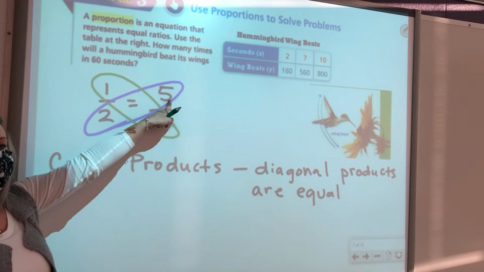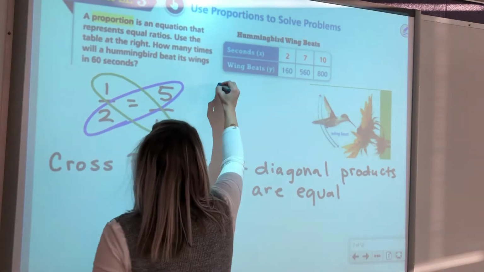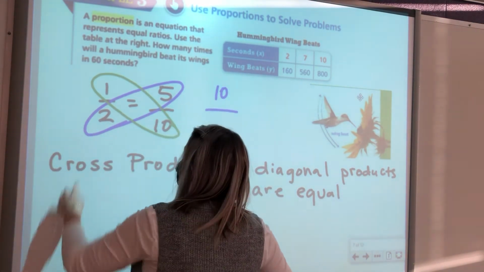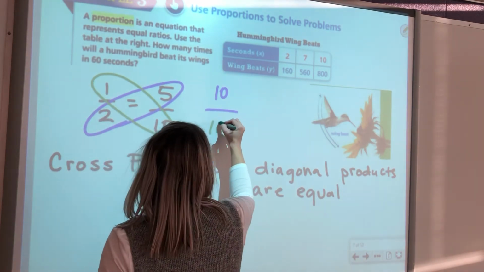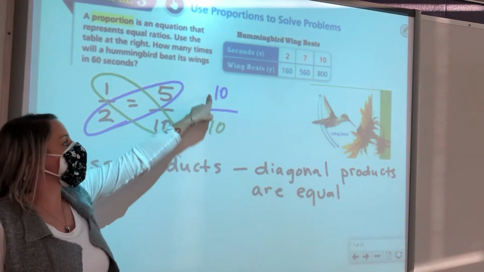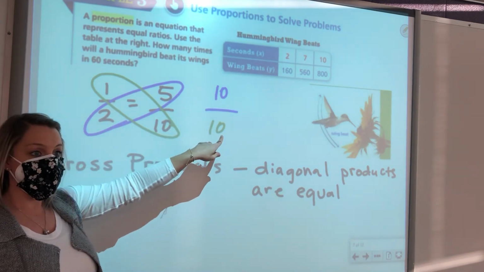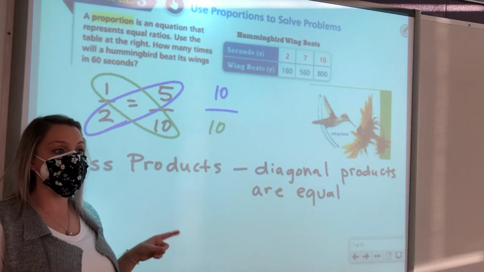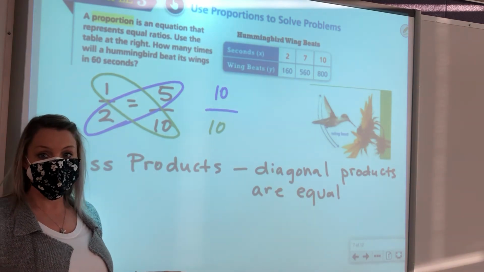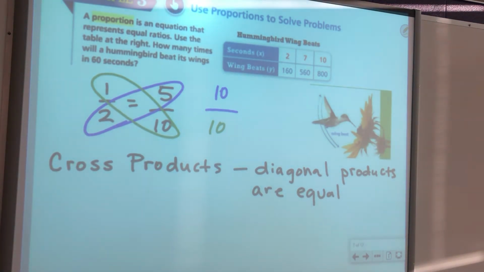So 2 times 5 is 10, and 1 times 10 is 10. So diagonal products are equivalent. That's how we test for proportionality. That's a really easy and quick way to determine if two ratios are in proportion with each other.